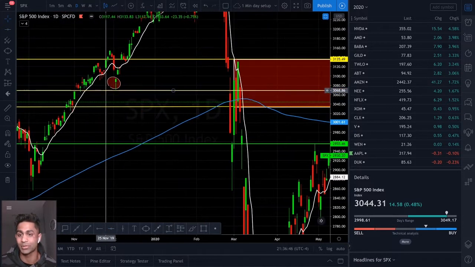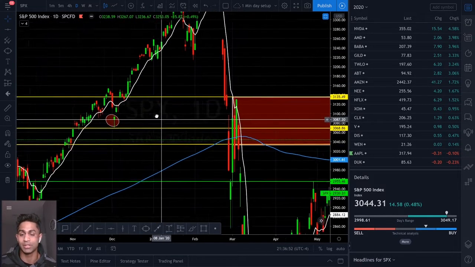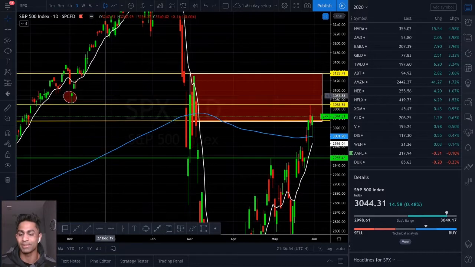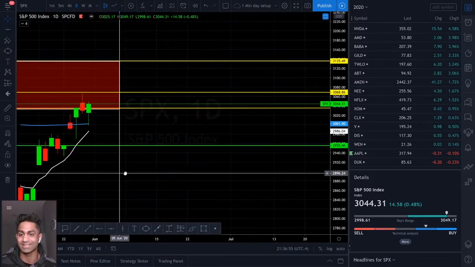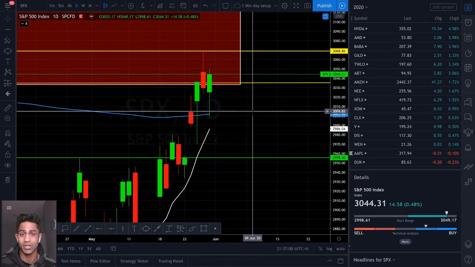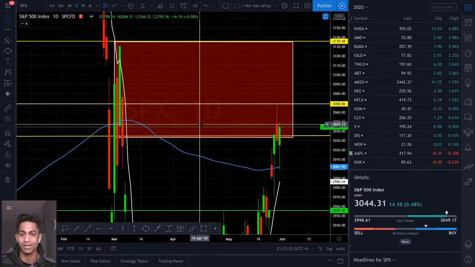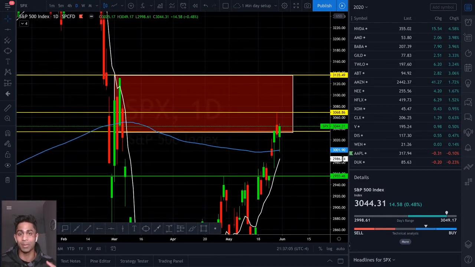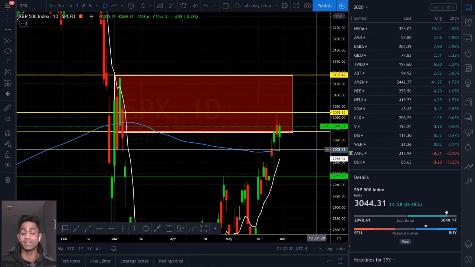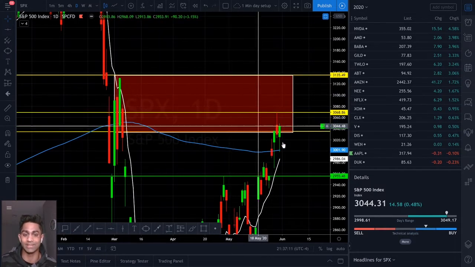Again, this was a previous support for the stock because it pulled back to that level and then pushed up. So that support, in my opinion, could very well be acting as a very strong resistance for the stock here. So as I've already mentioned, this falls inside the red box that we've created as a bear camp, essentially meaning that there is very strong resistance in this area for the S&P 500.